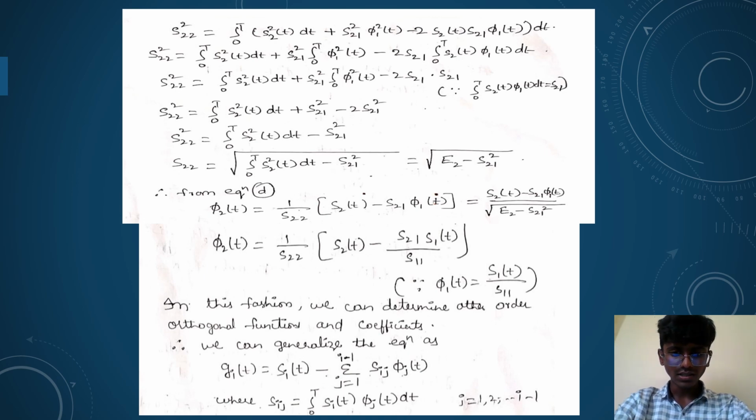In this fashion, we can determine the other orthogonal function coefficients. We can generate the equation as gi(t) is equal to si(t) minus the summation over j equal to 1 to i minus 1 of sij phij(t), where sij is equal to the integration from 0 to T of si(t) phij(t) dt.